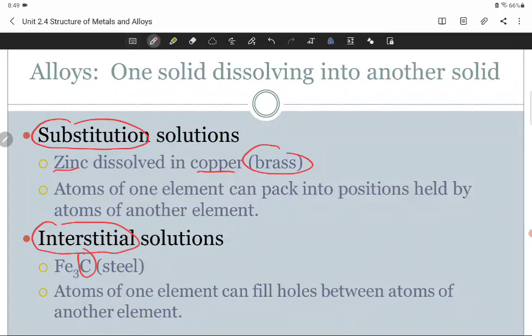And they're going to give those alloys different properties. So if you pack carbons in between irons, it makes it stronger. Steel is definitely a lot stronger than if you just had a chunk of iron. Substitutional is going to give you a mixture of multiple properties. Not the properties of just one metal, not just the properties of the other metal, but new properties of this alloy.